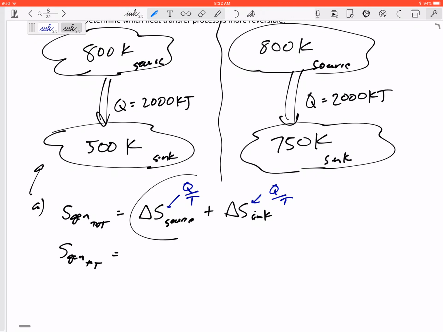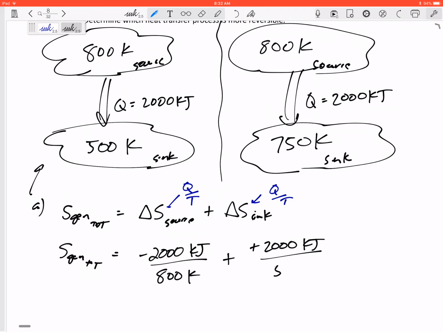The Q of the source, remember it's losing Q, would be negative 2,000 kilojoules over its temperature, 800 Kelvin. And then the delta S of the sink, the Q over T for the sink, it is gaining 2,000 kilojoules over 500 Kelvin.